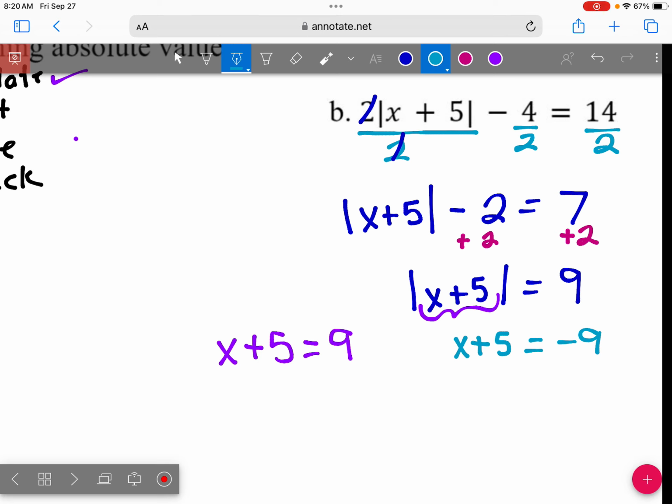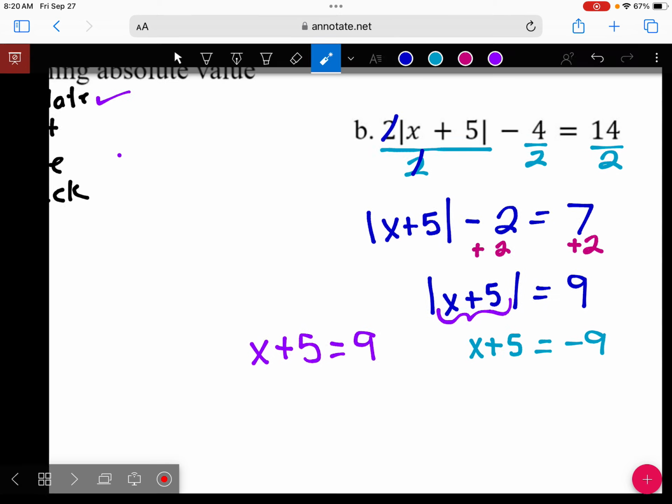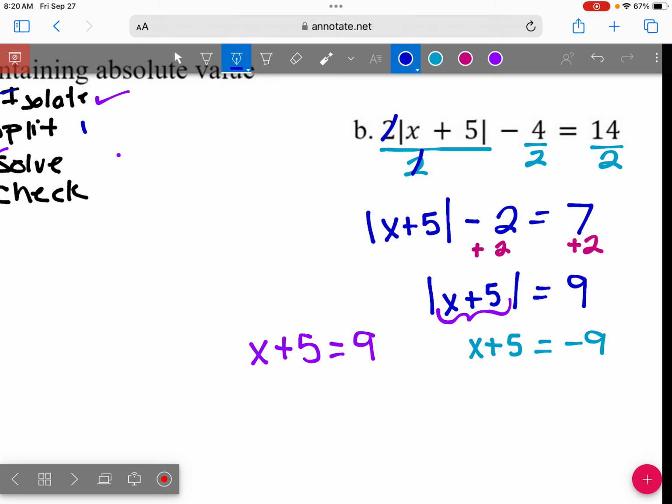Because absolute values always make a positive number. So we're always going to take what's inside the absolute value and set it to the answer over here that is positive, or the negative version of this number. So we have to split it.